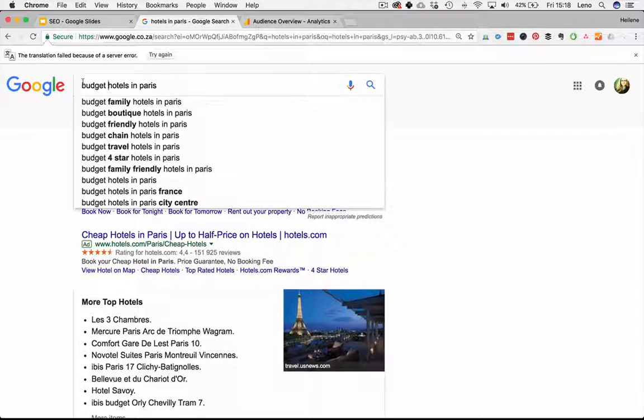And here you can see with the search suggestions, you have budget family hotels, budget chain hotels, budget 4 stars. These are all long tail keywords, and they give you better results. And if someone is booking something, or searching for something as specific as this, you know that they want to spend money and they really want to book something.